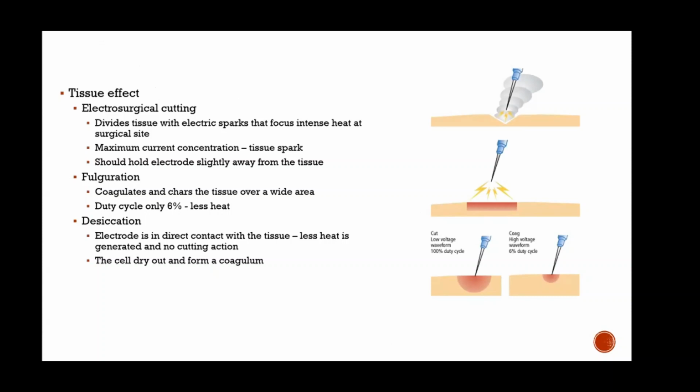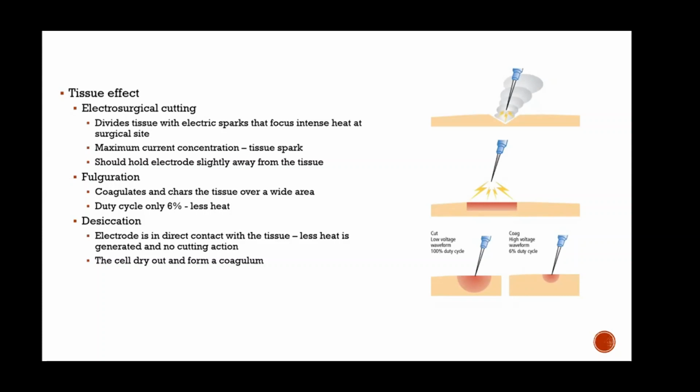The purpose of cutting is for you to cut the tissue during surgery. How it works: from the tip of the electrode, it produces an electric spark. The electric spark has very high intense energy, and the concentrated spark cuts through the tissue.